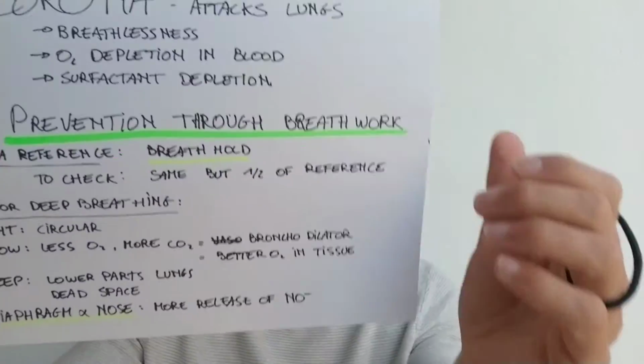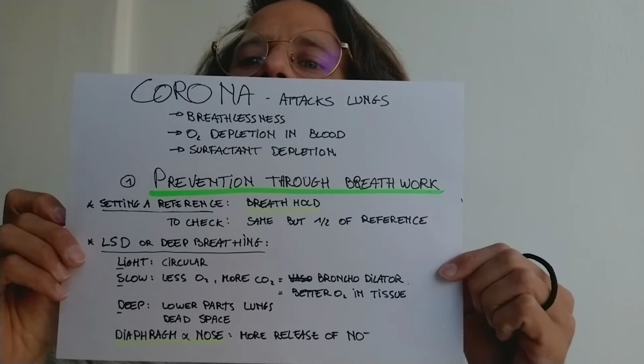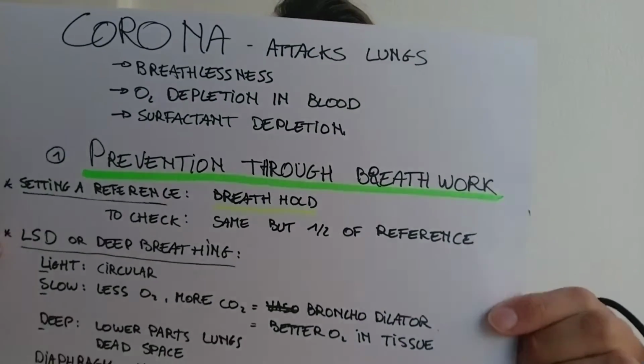So I made a bit of a preparation of things we can do, breathing exercises for prevention via breathwork, at least. I have another note as well, that's for later. There's three ways we can do prevention.